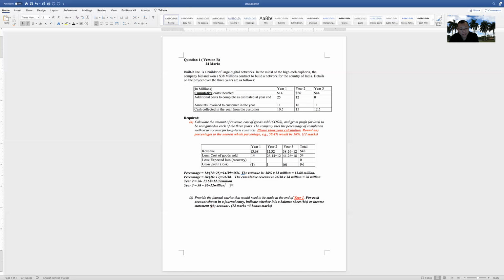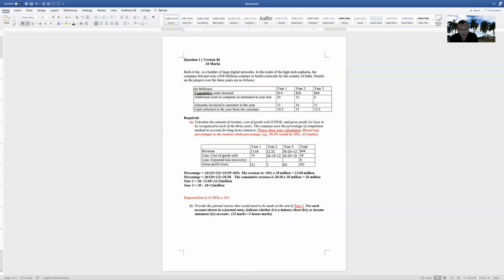Okay, so what is the expected loss? In the first year, you expected a loss, okay? So the completion is 36% for year 1, okay? So in year 1, expected loss is 1 minus 36%, that's the percentage to be completed, times 1 million loss.